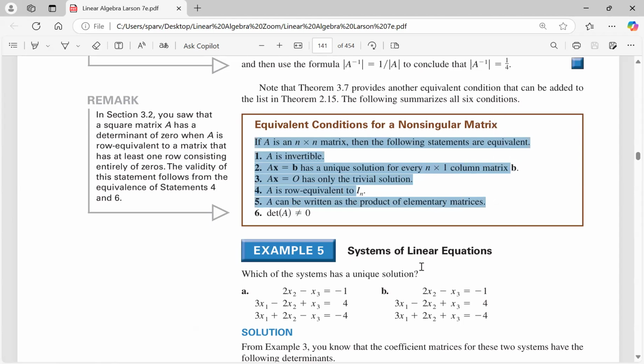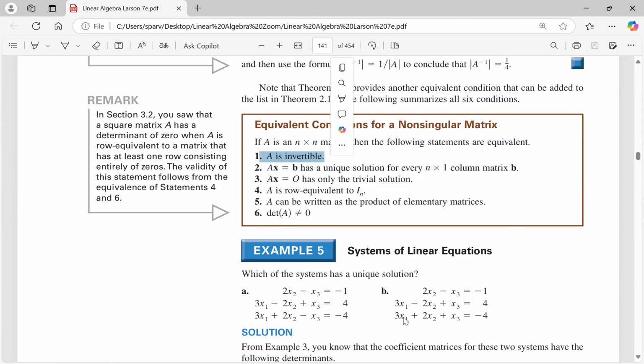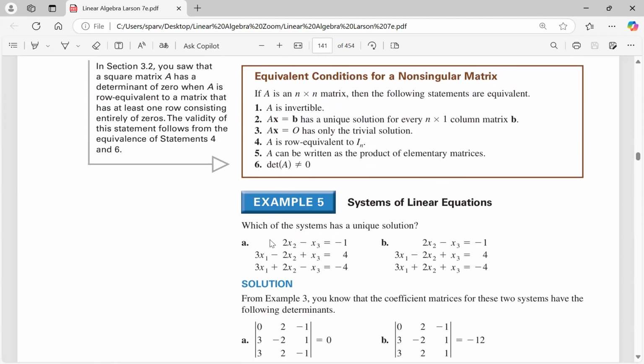This evening, we're adding number 6 to it. So notice if a matrix is invertible, its determinant cannot be 0. So one way to see if a matrix is invertible is to quickly calculate the determinant. If it's 0, say no, not invertible. Sorry, can't find it.